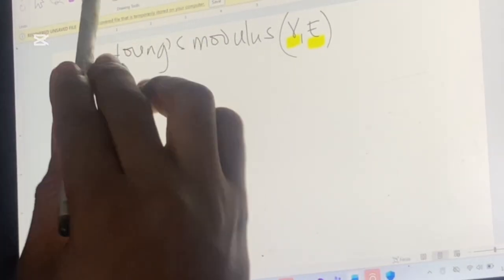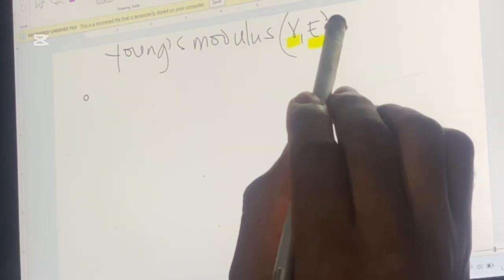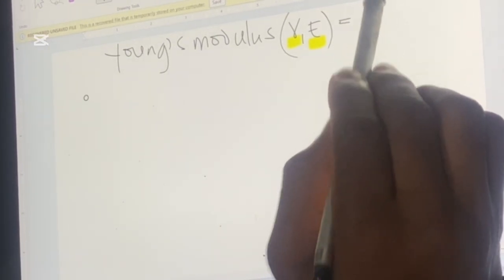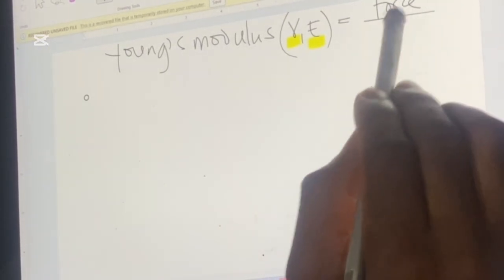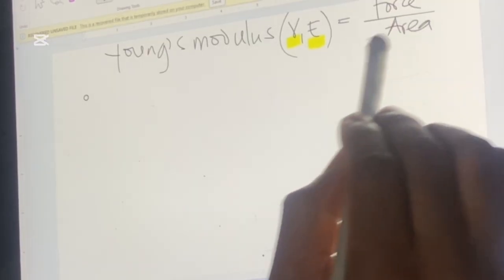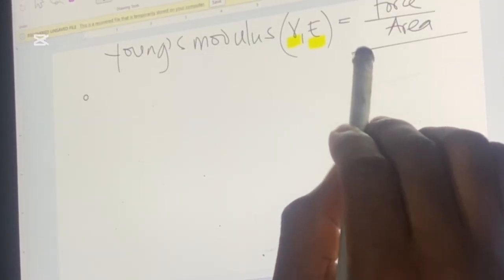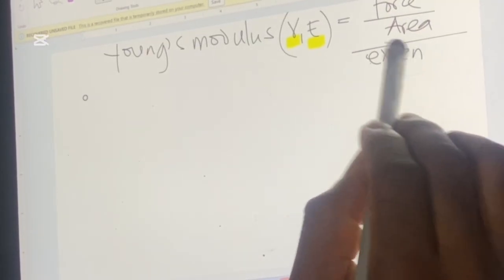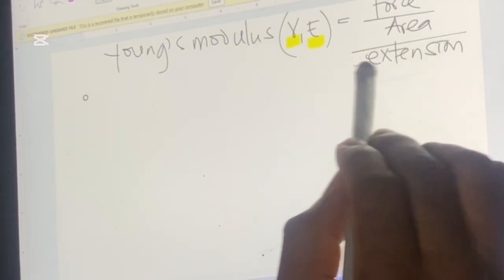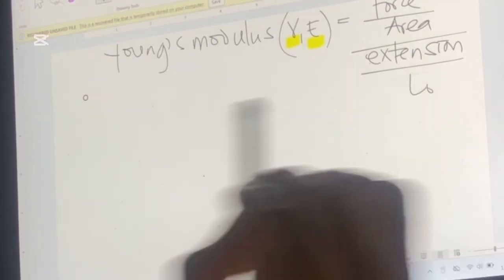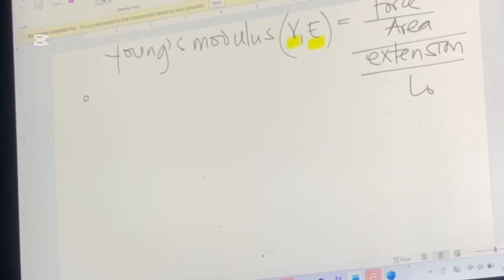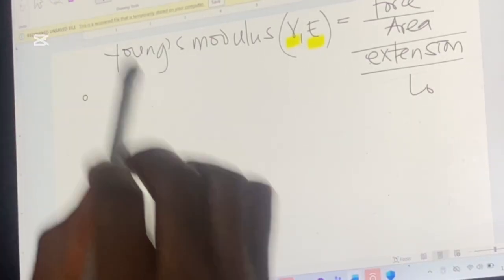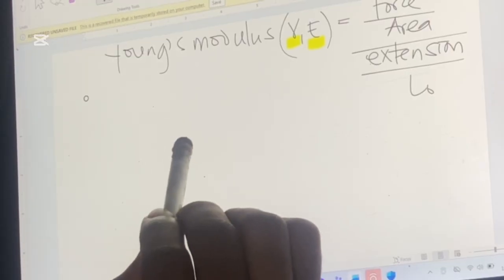Please take note, depending on your level, okay? So this will be equal to class, force over area over extension over original length. So L0 is representing original length.